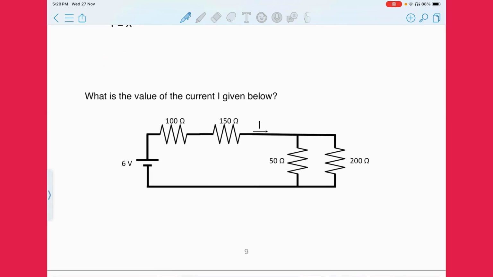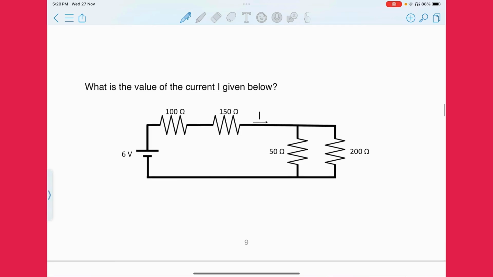The next question says, what is the value of the current I given below? So let's check the resistance first. 100 ohm and 150 ohm are in series, so the net resistance here will be 250 ohm if we add them. Now these 50 and 200 are in parallel.